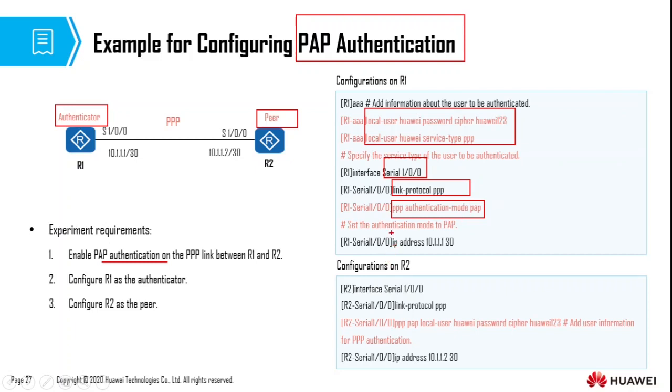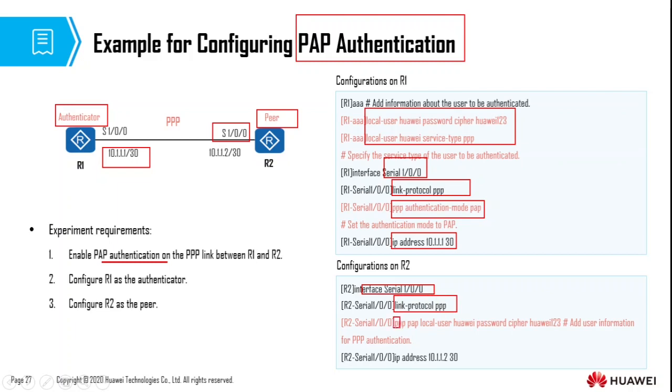Then you can configure an IP address on that interface, 10.1.1.30/30. Okay. Then you can configure R2. On R2, it's easy. We simply go into the interface serial 0/0/1, then we use the command link-protocol PPP.